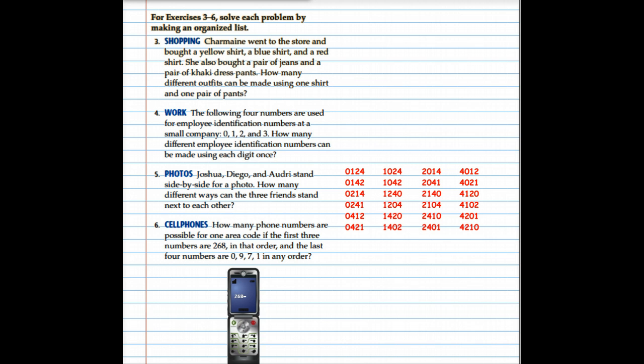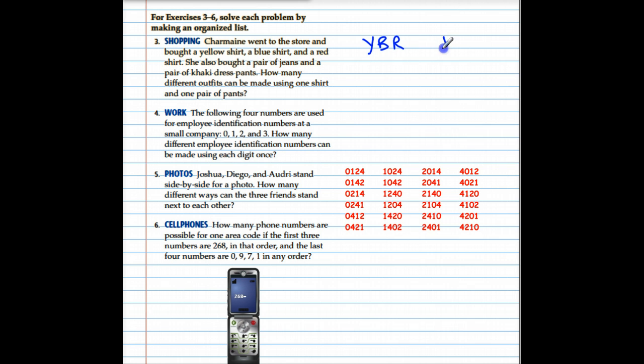Problem number 3. Charmaine went to the store, bought a yellow shirt, a blue shirt, and a red shirt. She also bought a pair of jeans and a pair of khaki dress pants. How many different outfits can be made using one shirt and one pair of pants? So we're going to use Y for the yellow shirt, B for the blue shirt, R for the red shirt.